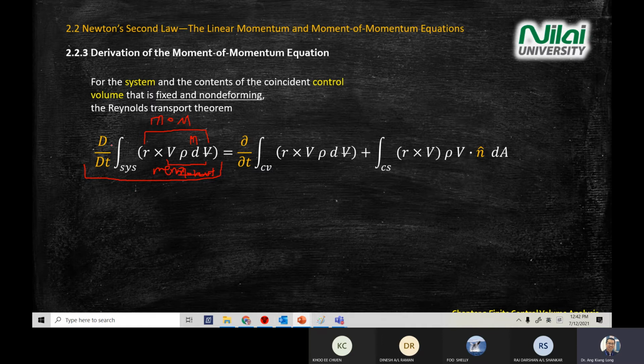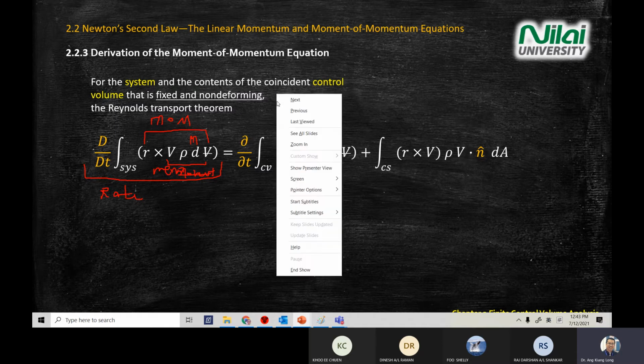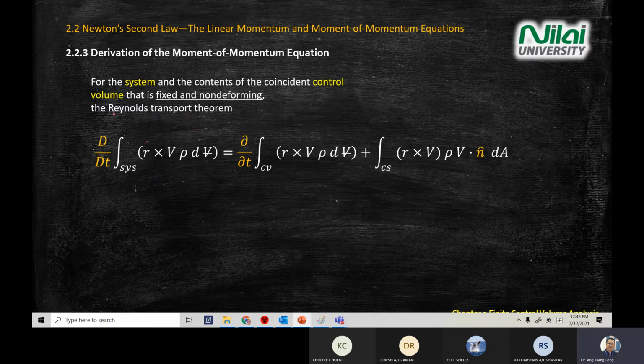And when you read the whole thing, d/dt is the rate of change of moment of momentum. When you recall the Reynolds theorem, this famous name always means you need to look at two dimensions, control volume and control surface. If you compare, the structure is the same as the previous one. However, something changed in the content.